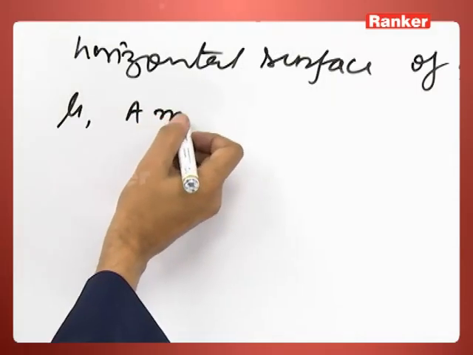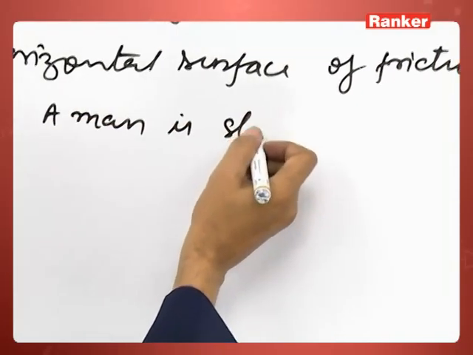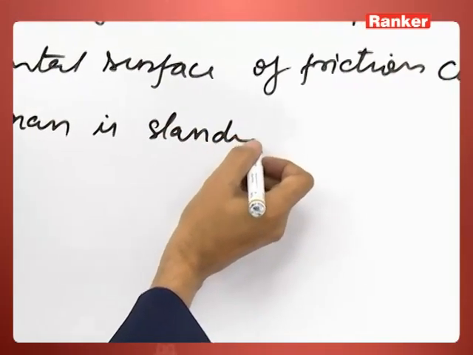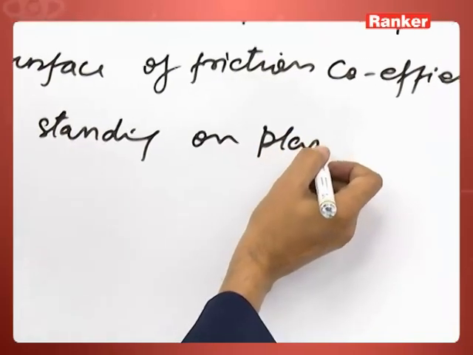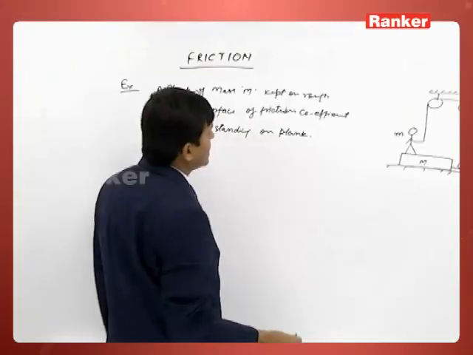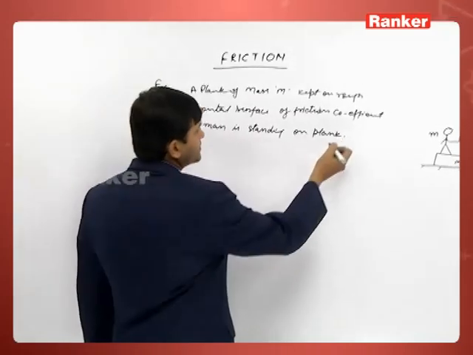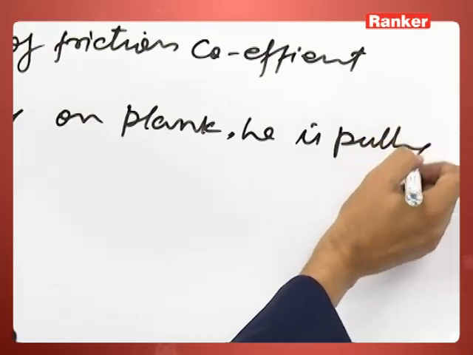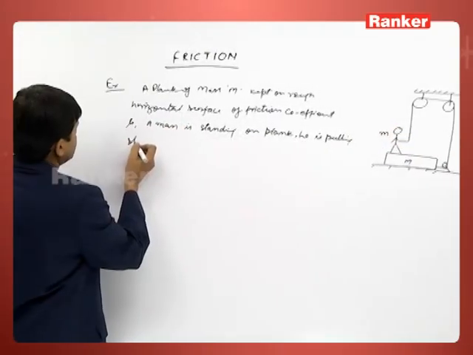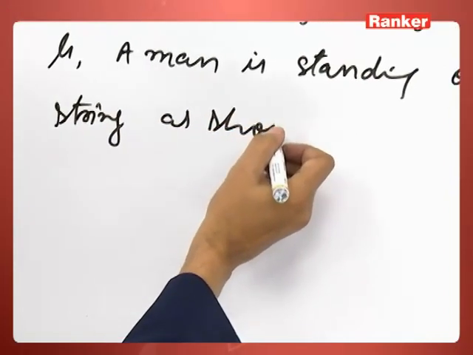A man is standing on the plank and he is pulling a string, as shown in the diagram.